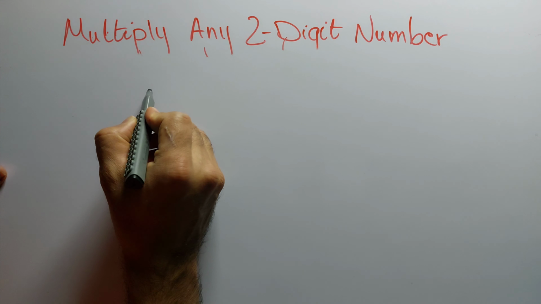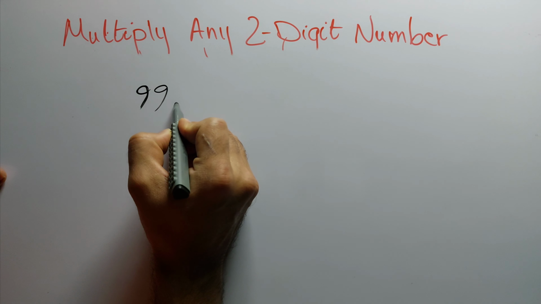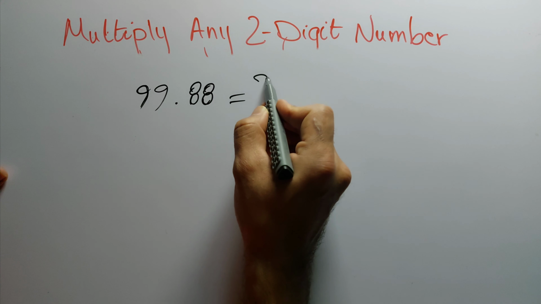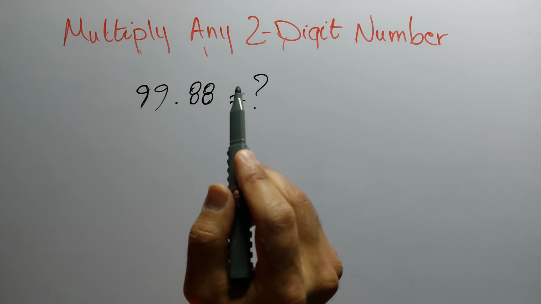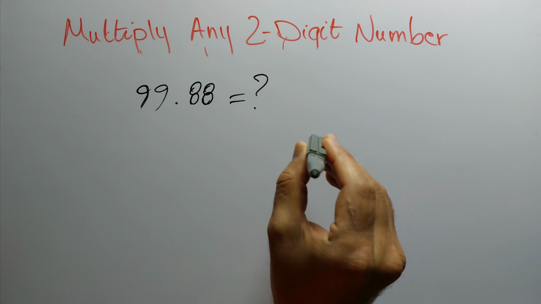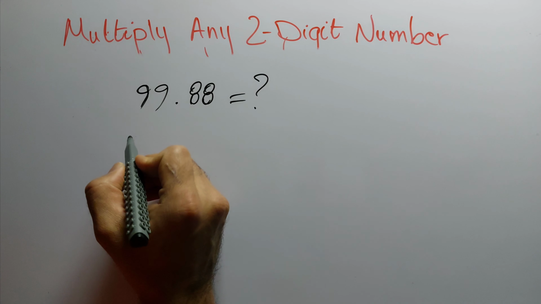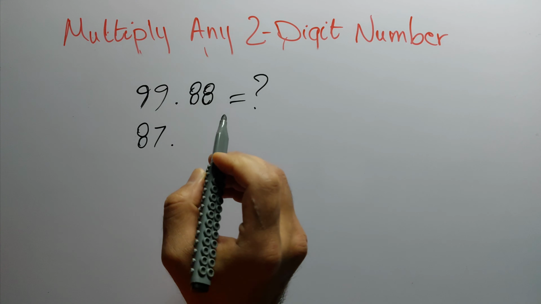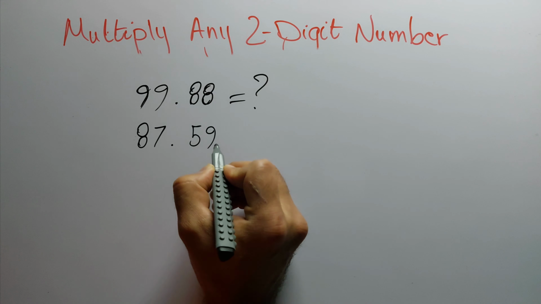So I want you to multiply and find out the answer for 99 times 88. That's the first one, under 10 seconds. I want you to write it down in the comment section below. You have just 10 seconds. Okay. Another one is 87 times 59.